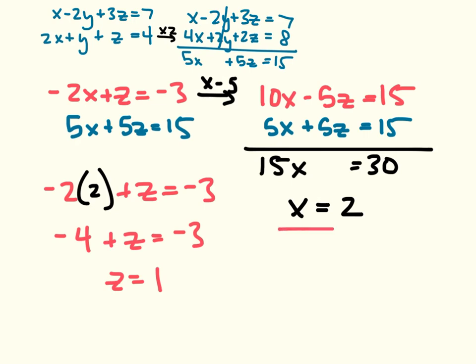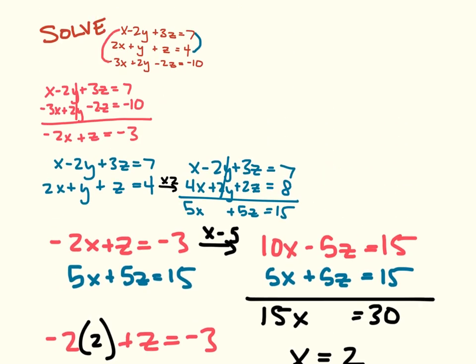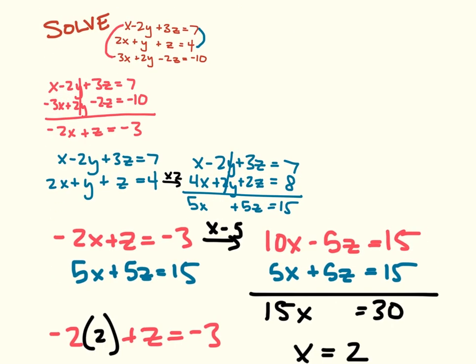So I've got x, I've got z. All I need is y. So I just plug this back into any of my original equations. I'm going to plug it right back into the very first: x minus 2y plus 3z equals 7.